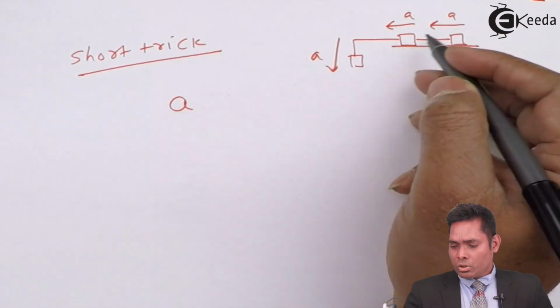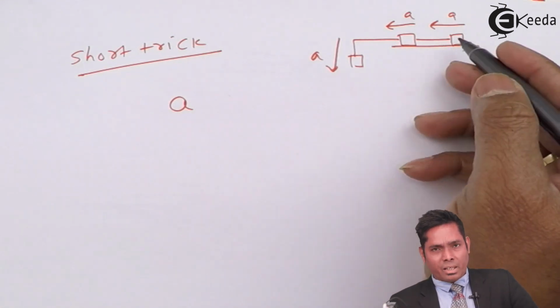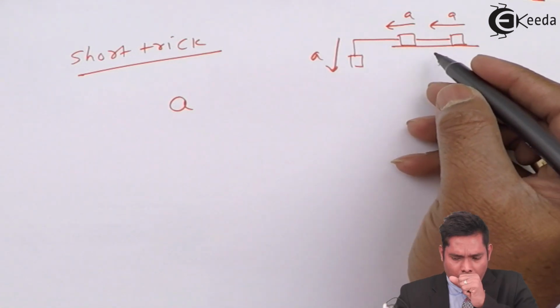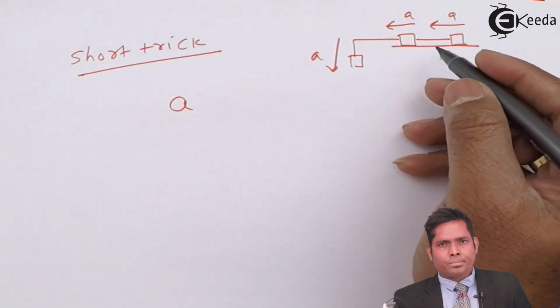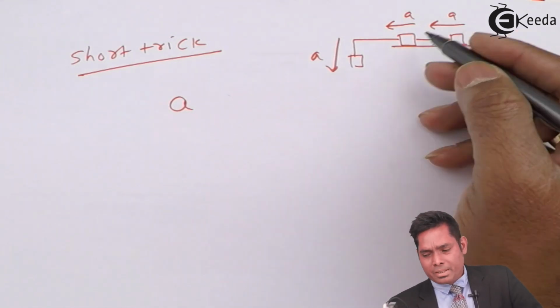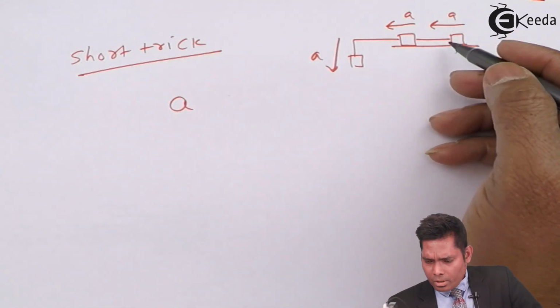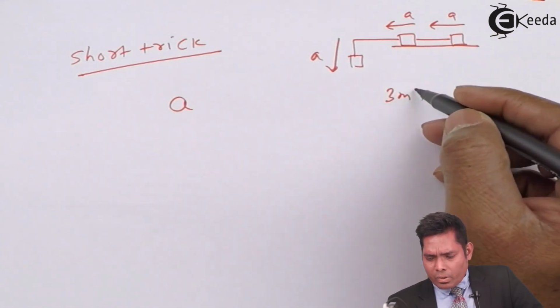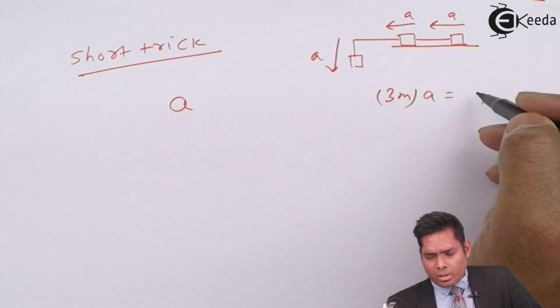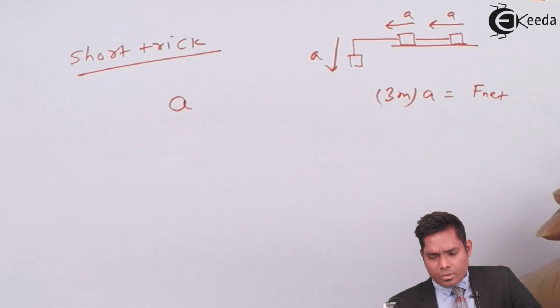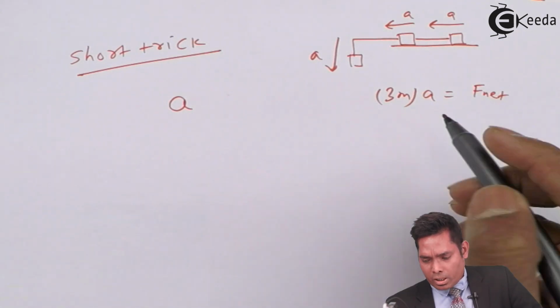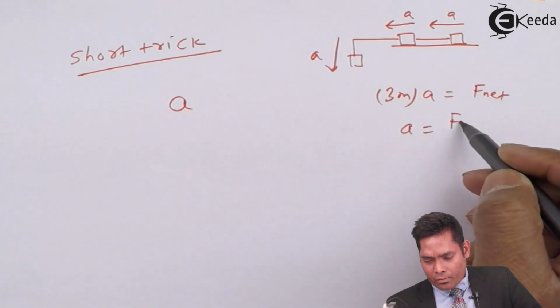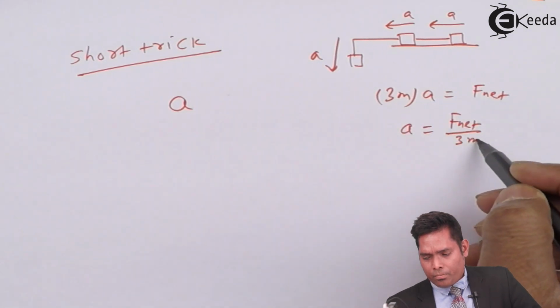Because the mass is the same, the total mass is 3m. This mass into acceleration is the net force. That means I want a, which is F net divided by 3m.